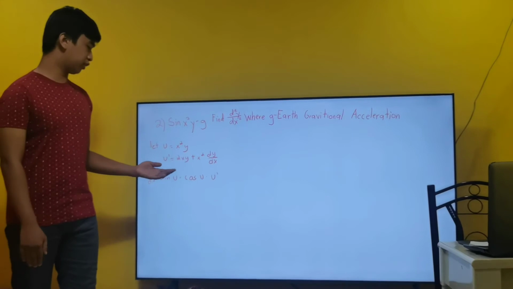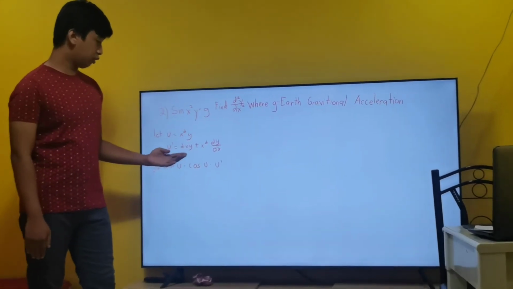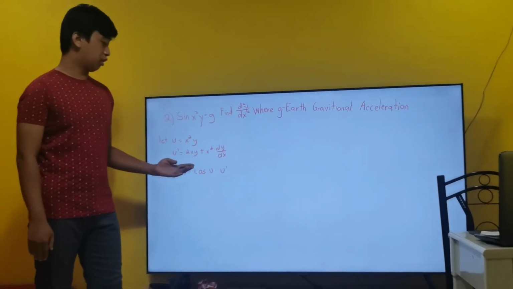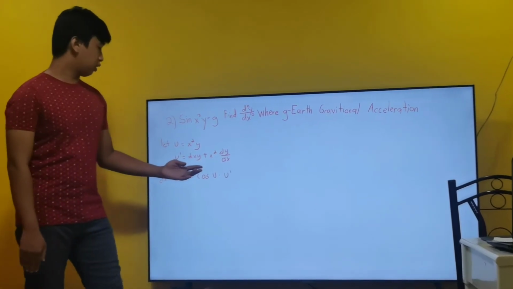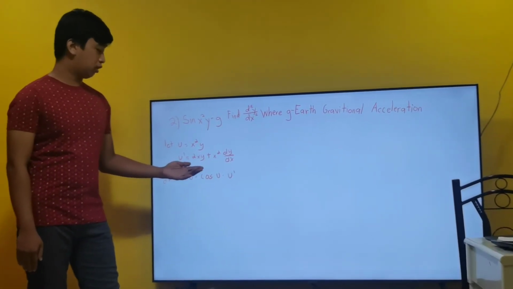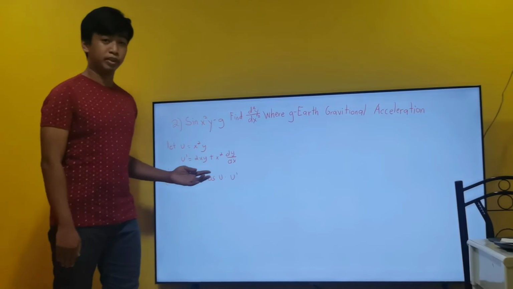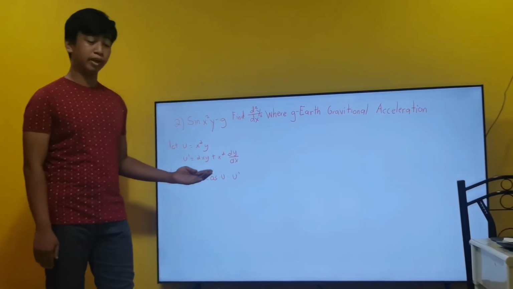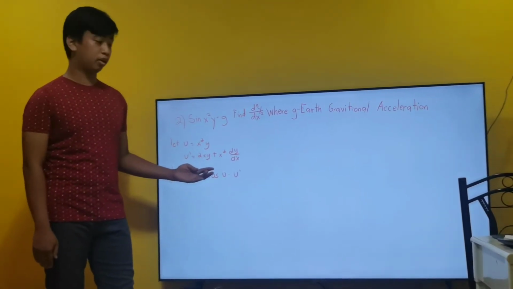So in our first step, we will let u is equal to x squared y, then the derivative of x squared y by the use of implicit differentiation will become 2xy plus x squared dy over dx.